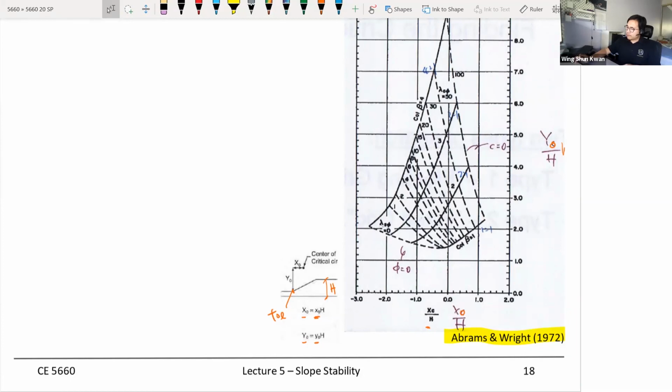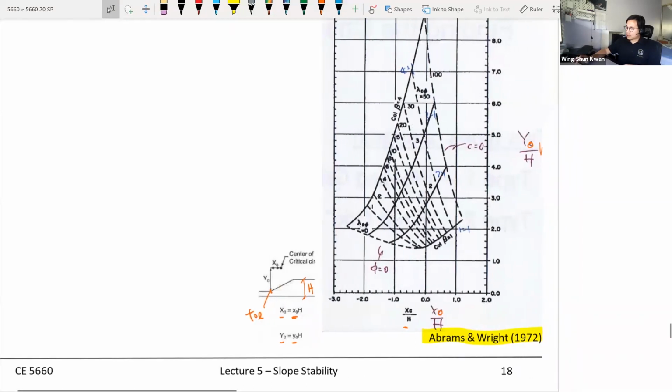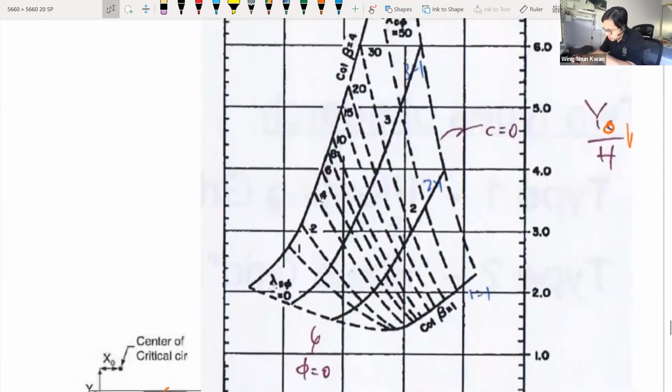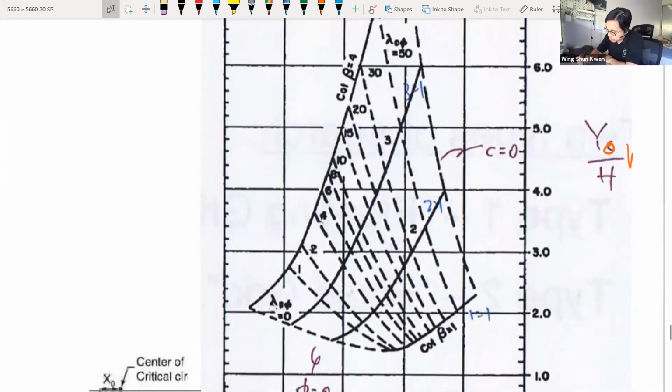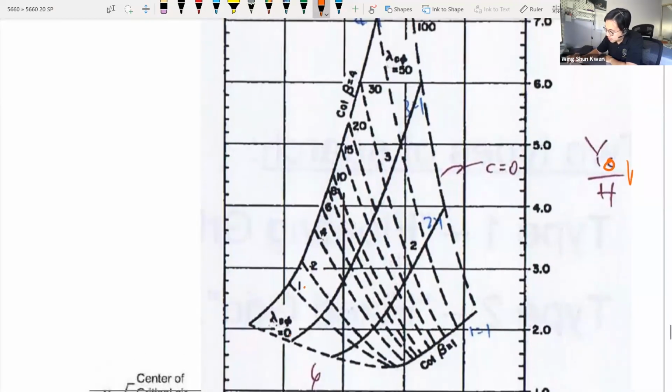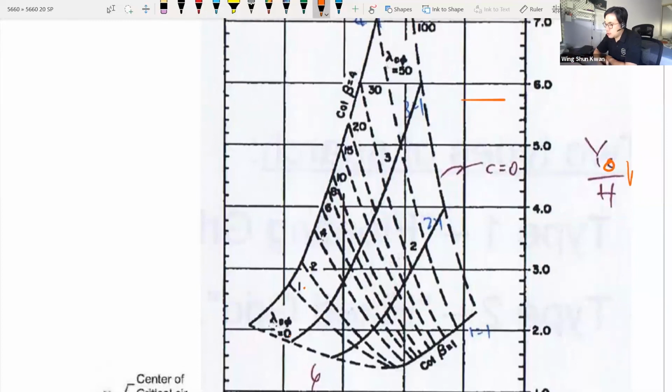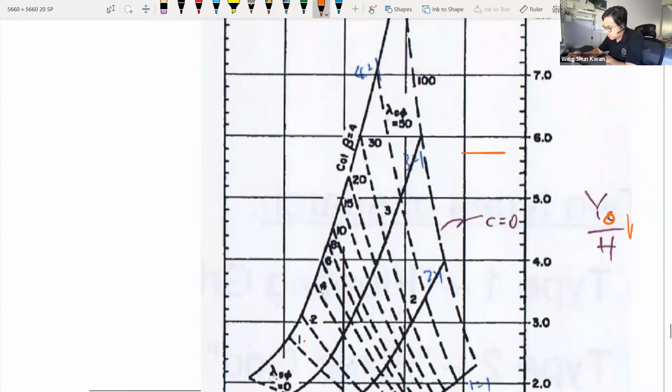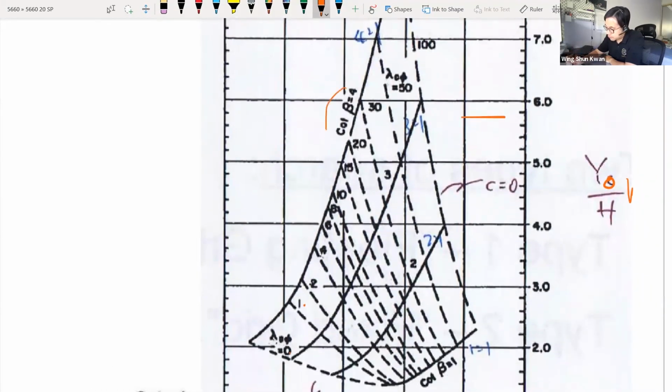So to use this diagram here, first of all, it is based on the soil friction angle that you have. Here, these dashed lines are the friction angle. So you have friction angles of 0 degrees, 1, 2 degrees, and up to 30 degrees and 50 degrees. Those are the dashed lines. And the second thing will be the geometry of your slope.